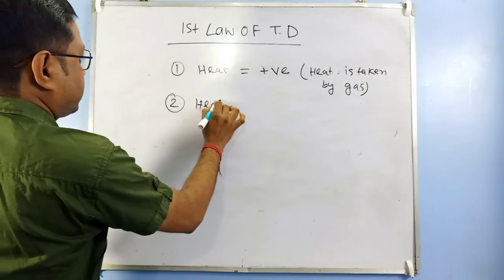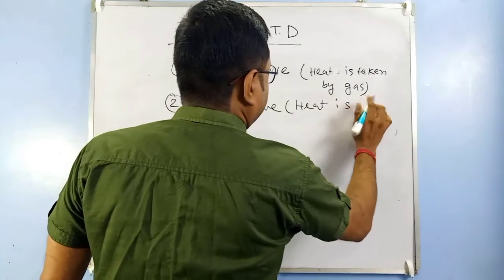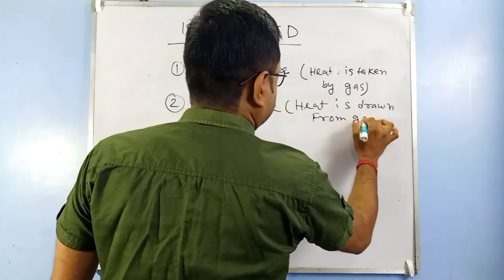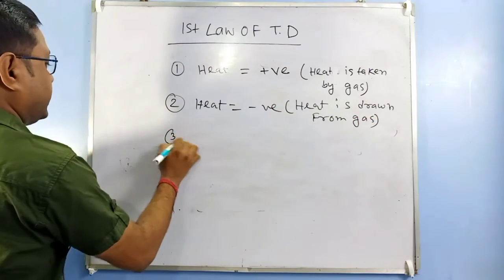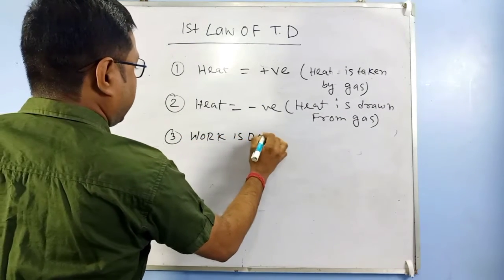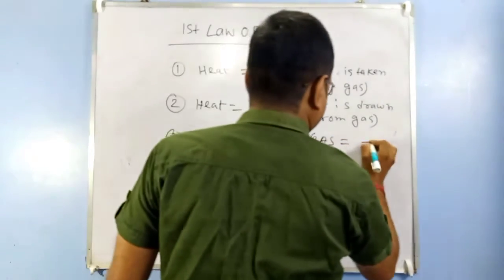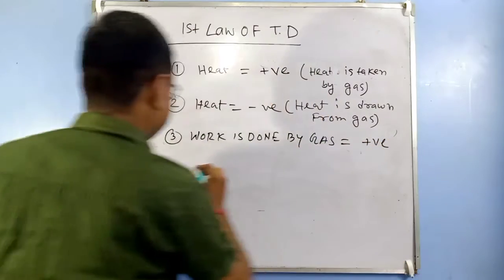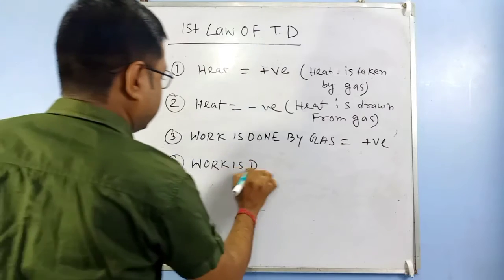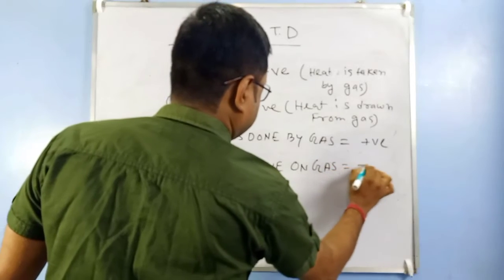Now, heat is negative when heat is drawn from the gas. Number 3, work done by the gas is positive. Number 4, work done on the gas is taken as negative.